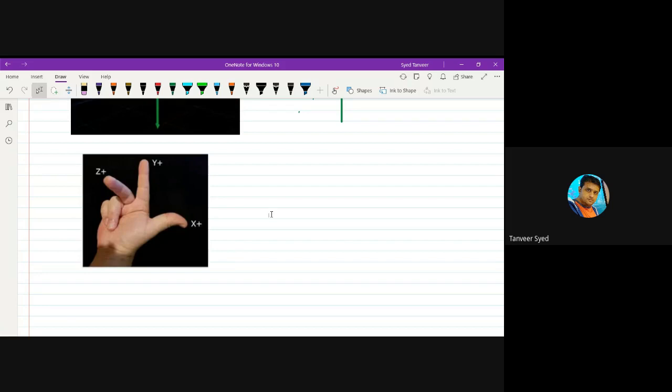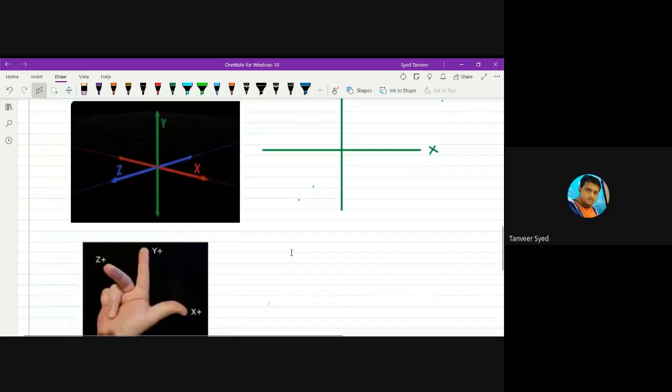Now is Z lying between X and Y? No, it is perpendicular to both X and Y. Right? Yes, sir. Now do you understand how this coordinate system looks? You understand how these X, Y, Z axes are?